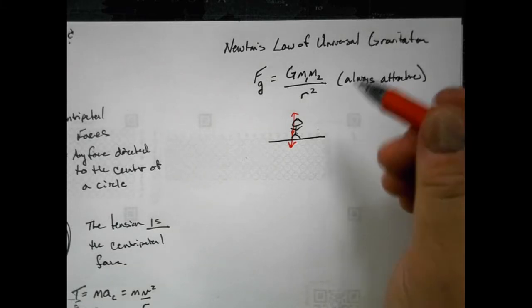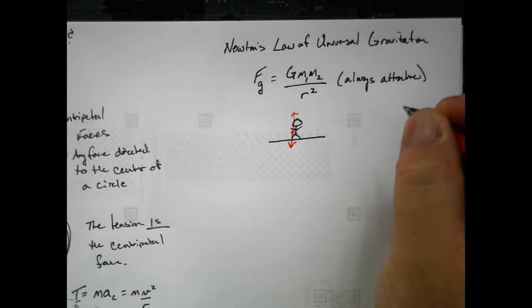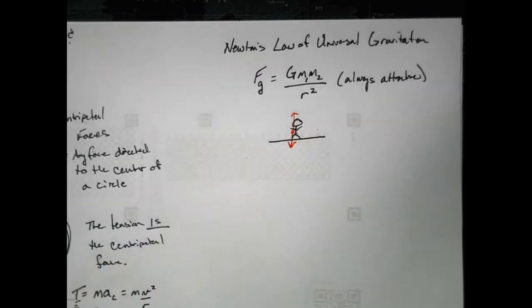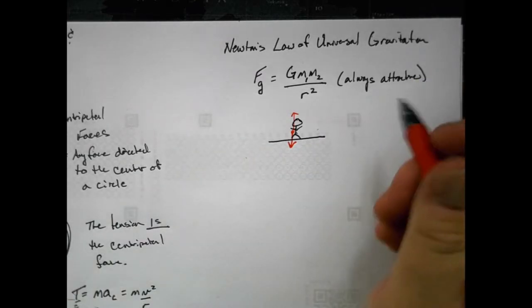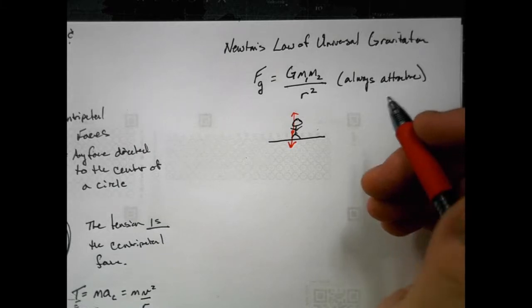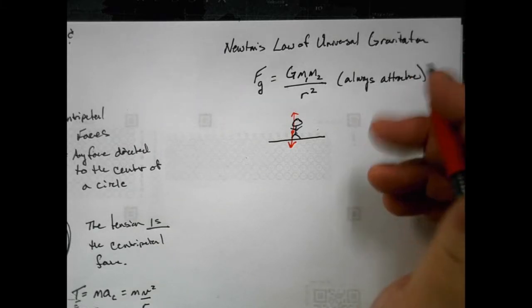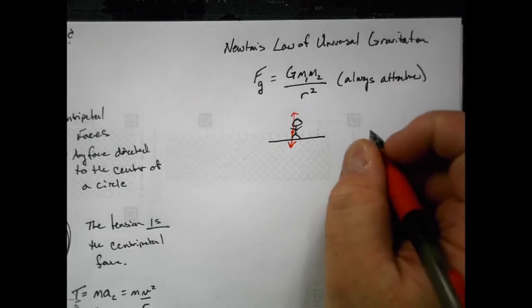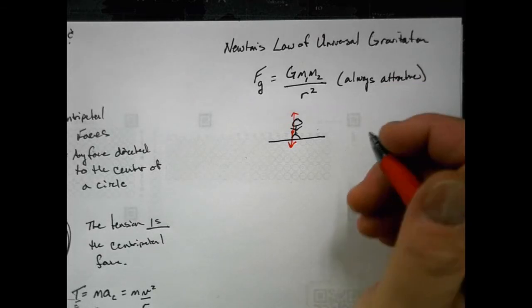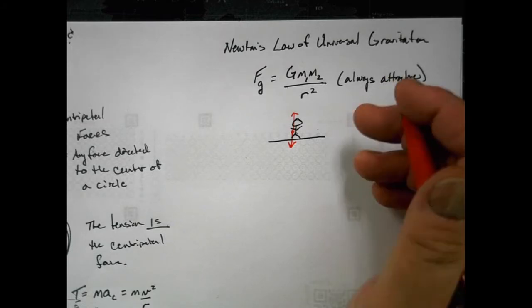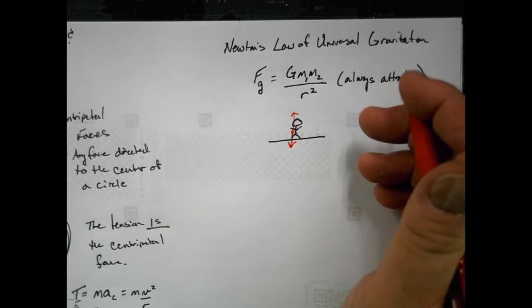Or when you're driving in a car and you hit a bug and it goes on the windshield. The bug exerted the same amount of force upon the car that the car did on the bug. Just the bug isn't structurally sound enough to handle it.